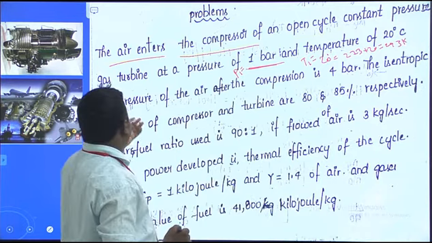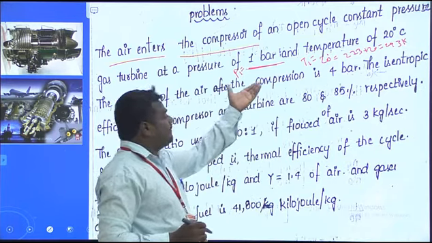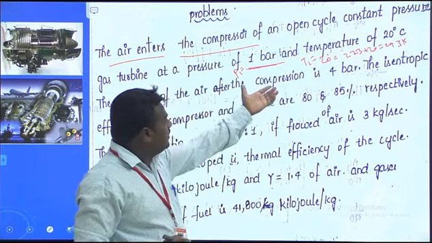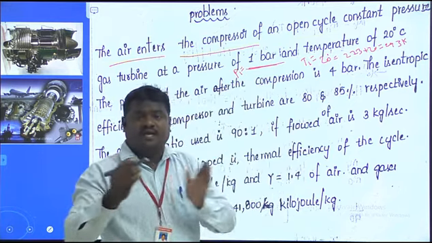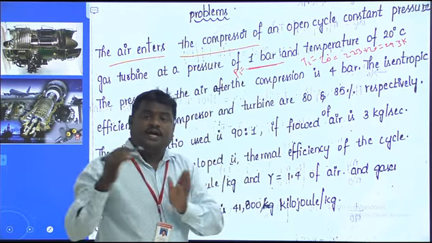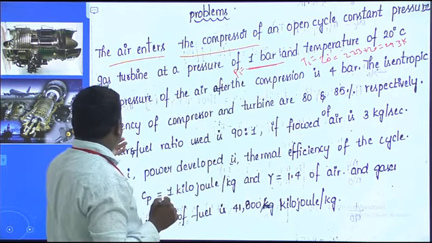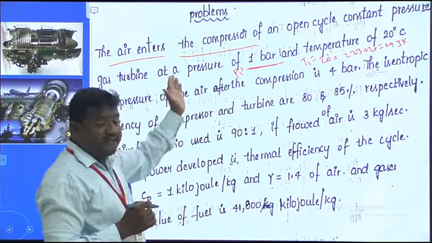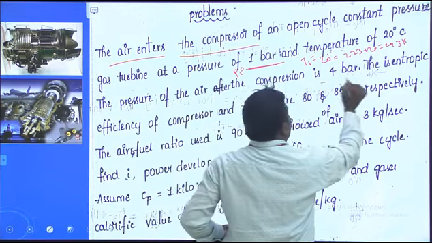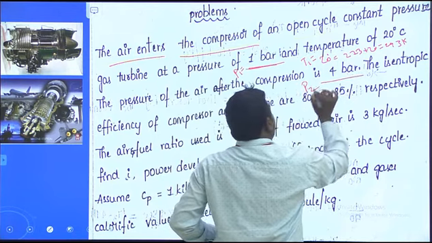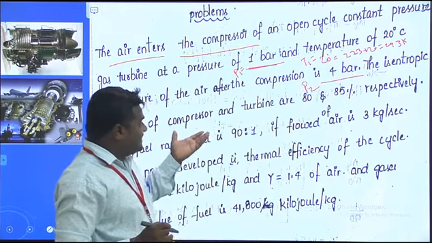So what is given: the pressure P1 equals 1 bar and the temperature T1 equals 20 degrees centigrade, which we convert to Kelvin. The pressure of the air after compression is 4 bar, that is P2. P1 and P2 are given.